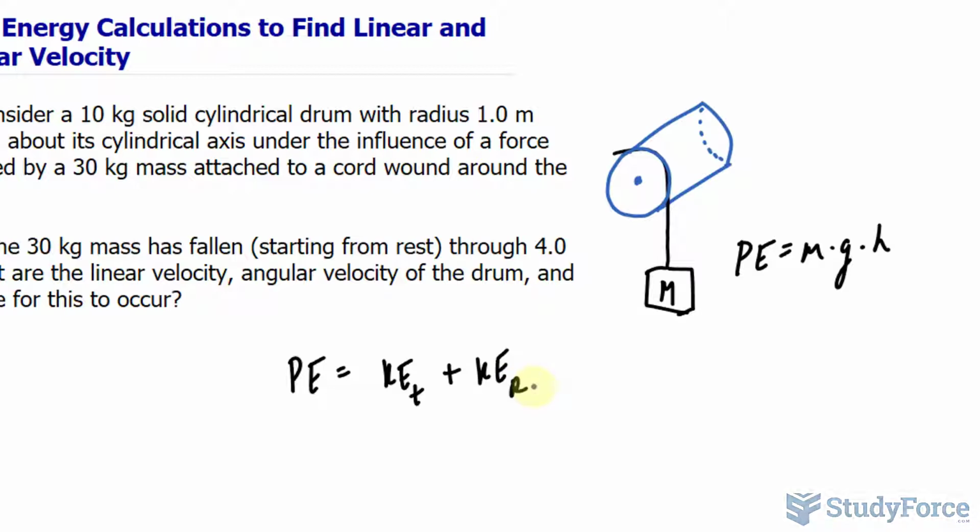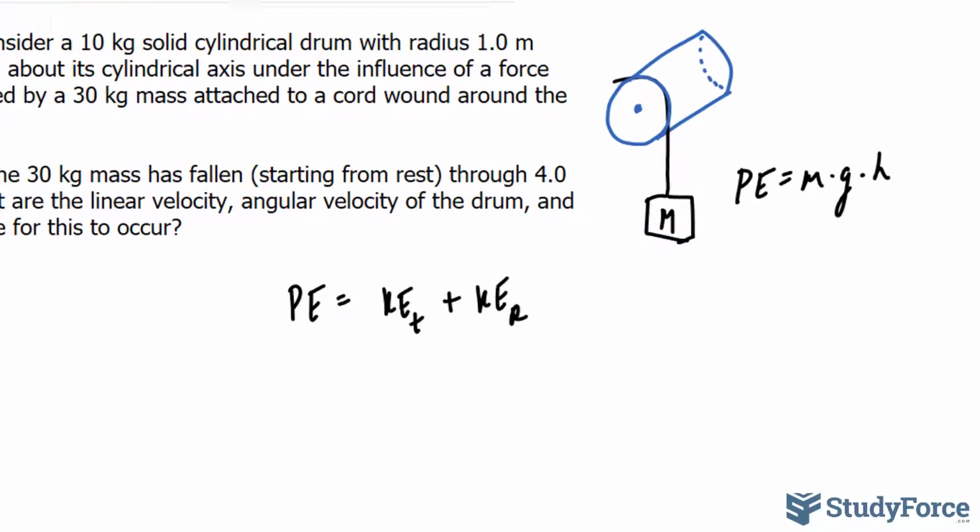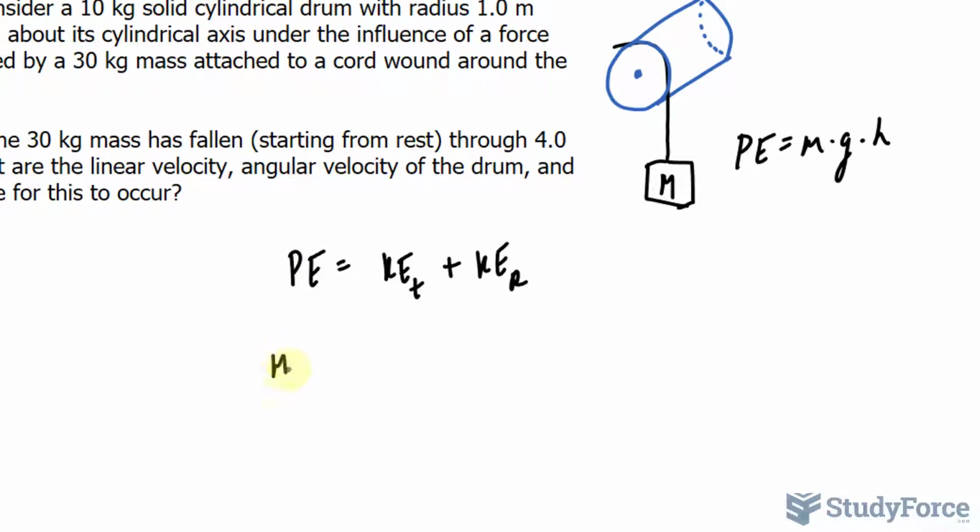So we already know how to find the potential energy. It's this formula, so I'll replace PE with M times G times H. And the formula for kinetic energy, based on our previous lessons, is kinetic energy equals half mass times velocity to the power of 2.